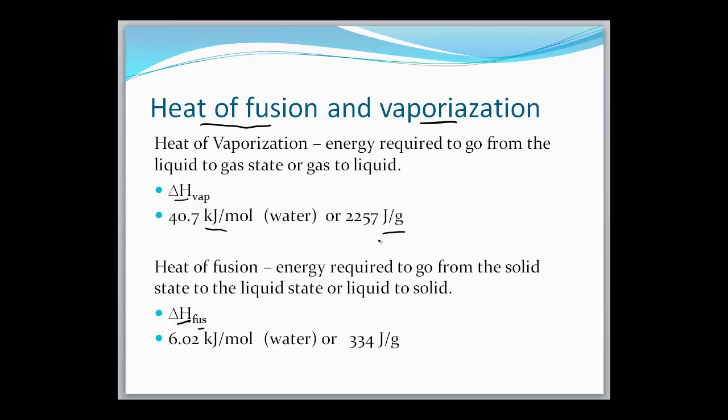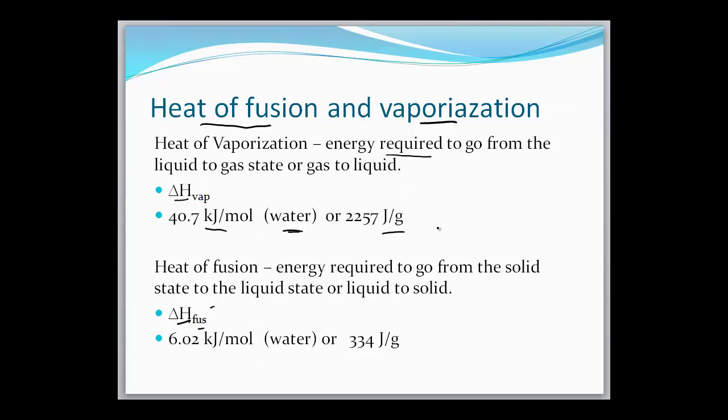Heat of vaporization and heat of fusion are constants for particular compounds. For example, these two are for the compound water. So if we were using, say, ethylene glycol for the problem, we would need different values for heat of vaporization and heat of fusion. What these values represent is the energy required to go from one phase to another.